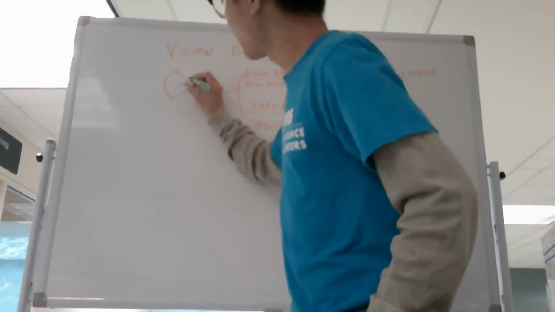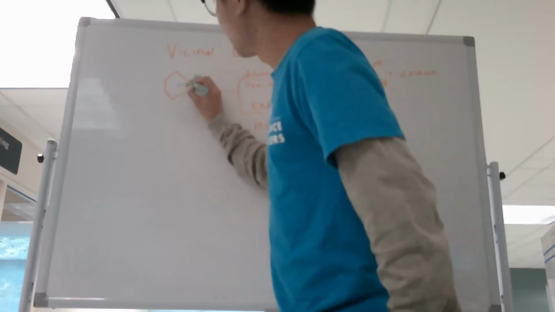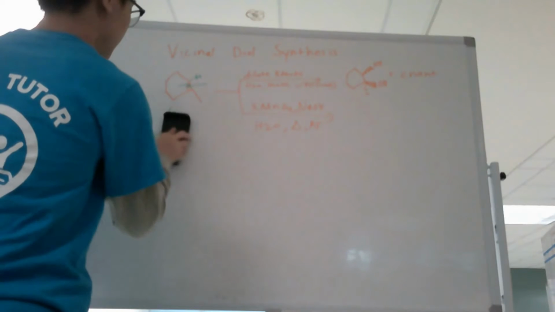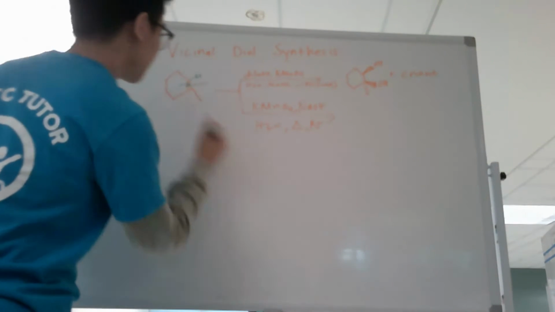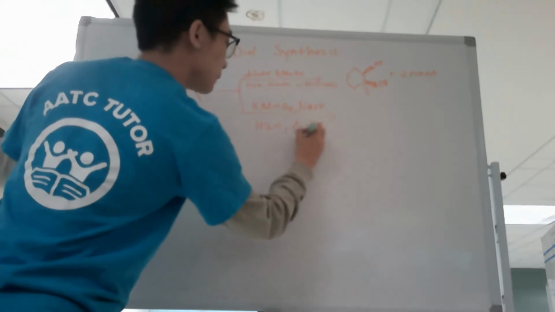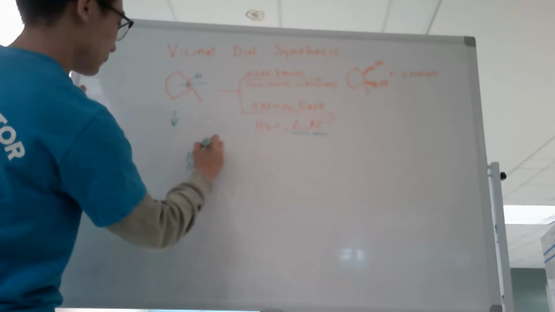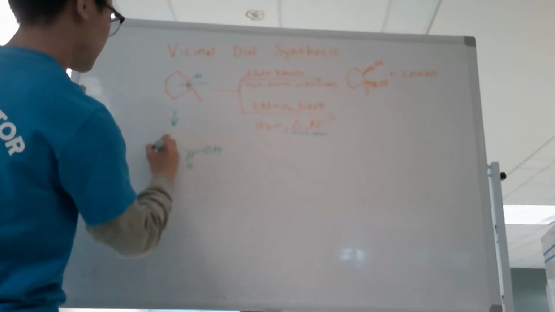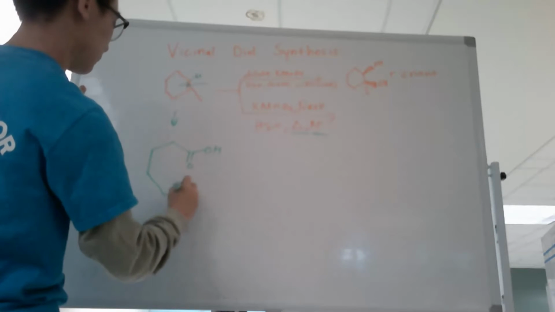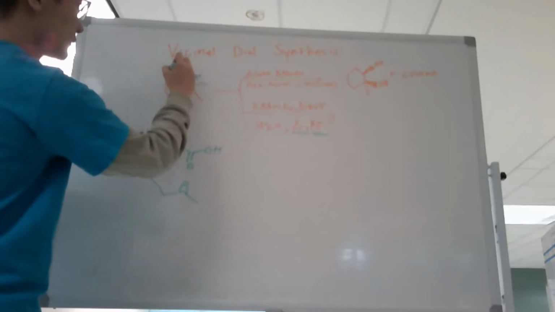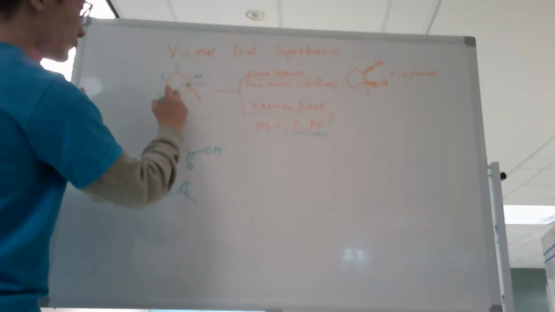So we see how this carbon here has one hydrogen. I'm going to say this is carbon 1, 2, 3, 4, 5, 6.